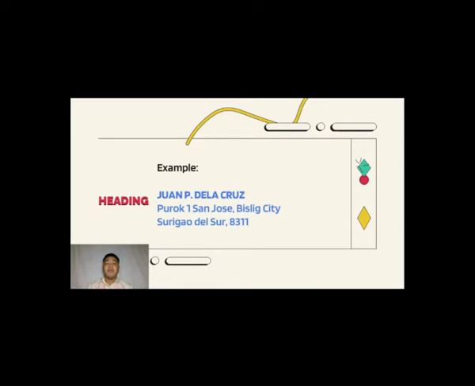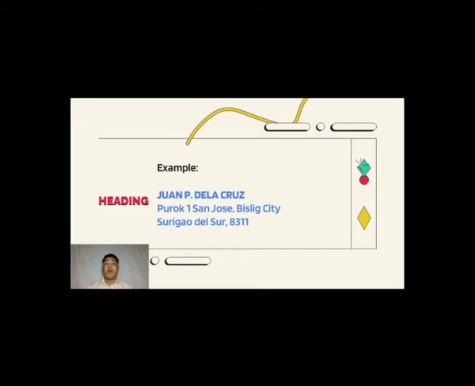Say, Juan P. de la Cruz, followed by the address, Purok 1, San Jose, Bislig City, Surigao del Sur, 8311. In case you ask, what does 8311 mean? 8311 is the zip code of Bislig City.